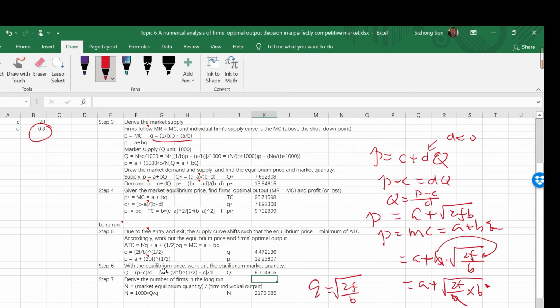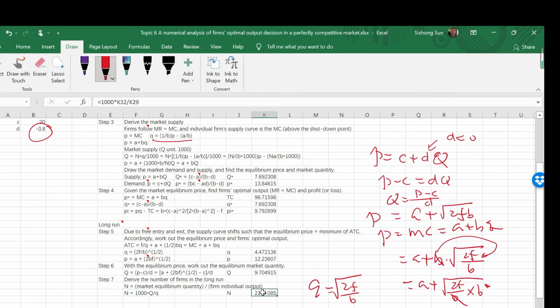Step 7. Then we derive the number of firms in the long run. So the number of firms will be the market equivalent quantity divided by the firm's individual output. So it's equal to big Q divided by little q. And note that here we need to multiply big Q by 1,000 because of our definition of unit.